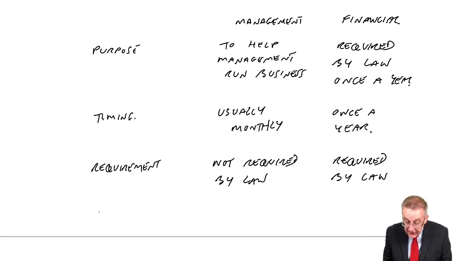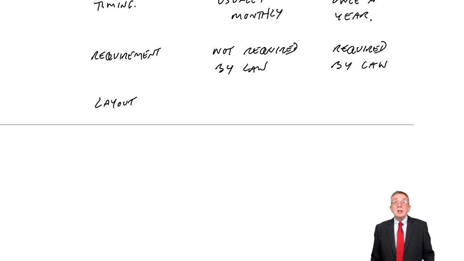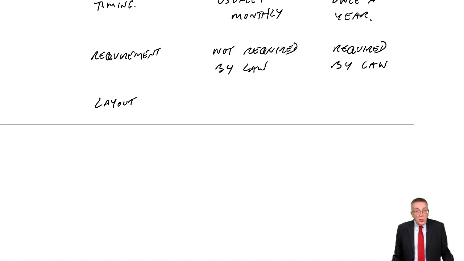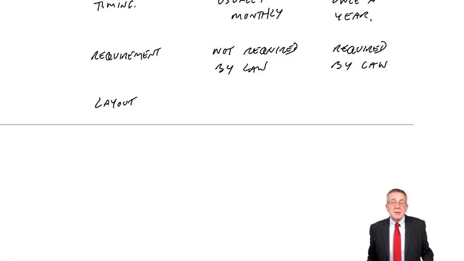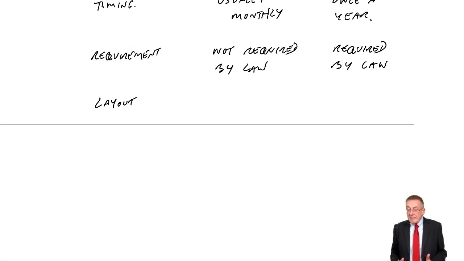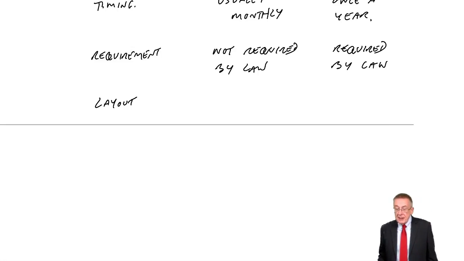Two more things. Another thing is the layout of these. Financial accounts, there are laws telling us what the statements must look like. There are what we call international financial reporting standards, saying how we must present these statements.